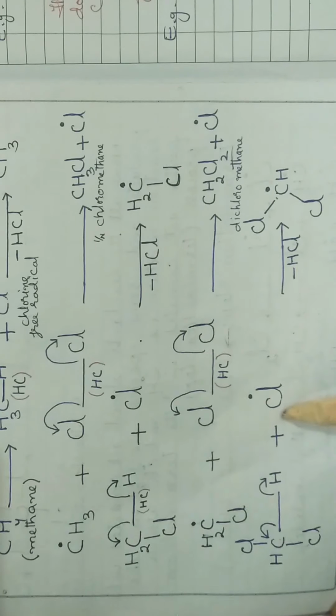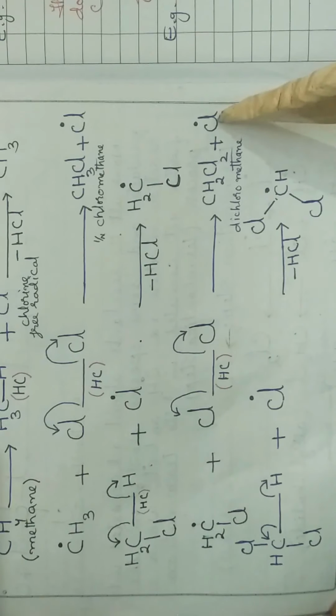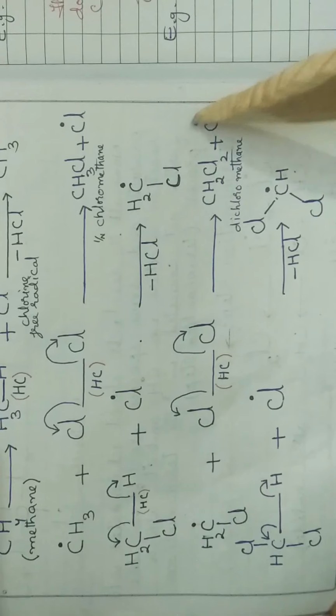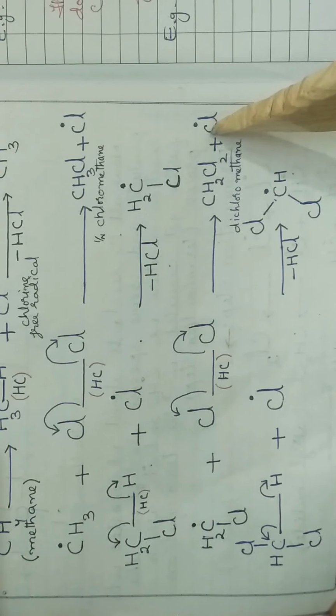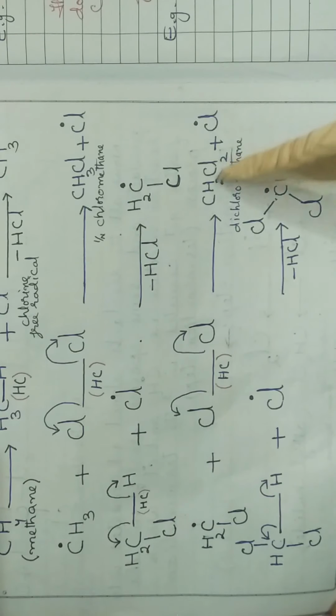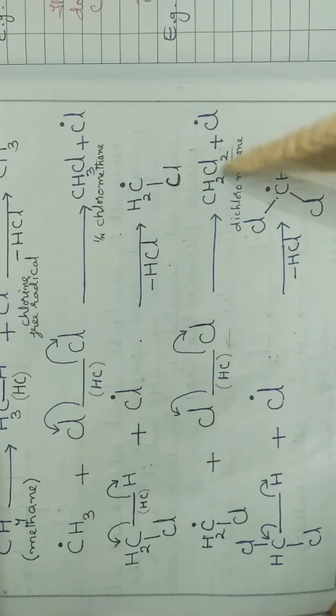This chlorine free radical has two possibilities. Either it attacks the hydrogen atom of CH2Cl2, or it can attack a fresh unit of methane. But let us proceed with this chlorine free radical attacking the hydrogen atom of CH2Cl2.